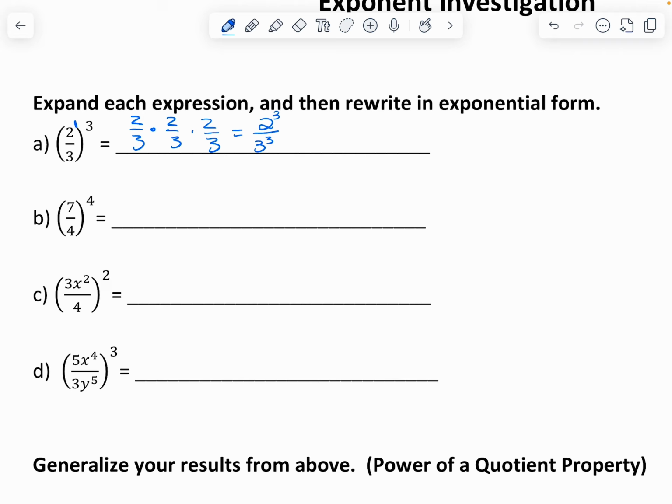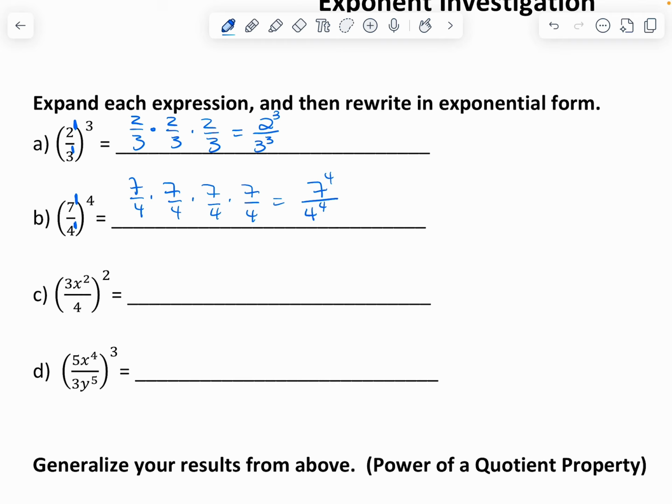Now remember, there's an exponent of 1 and an exponent of 1. Same thing here. There's an exponent of 1 on both of those. So 7 over 4 times 7 over 4 times 7 over 4, and one more, 7 over 4. How many 7's do we have? We have 4 of them. How many 4's do we have? We have 4 of them.